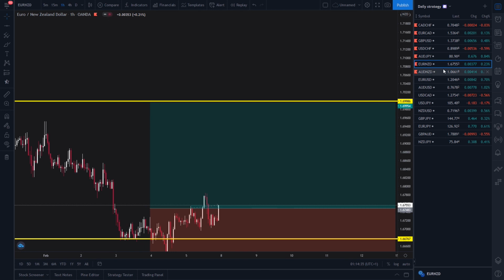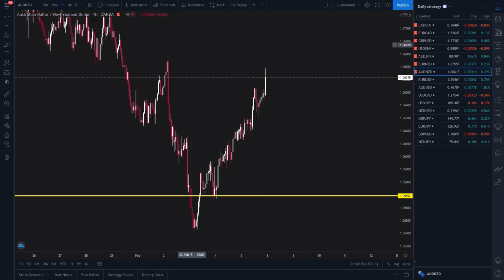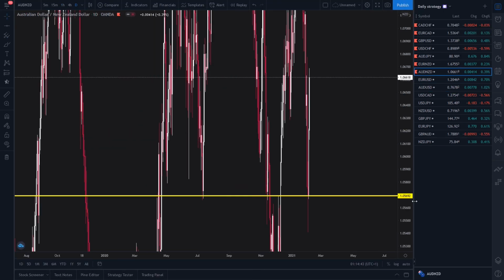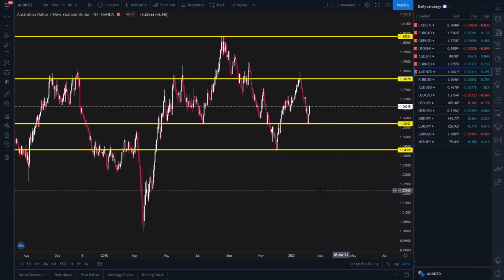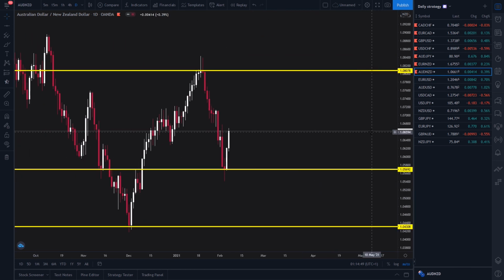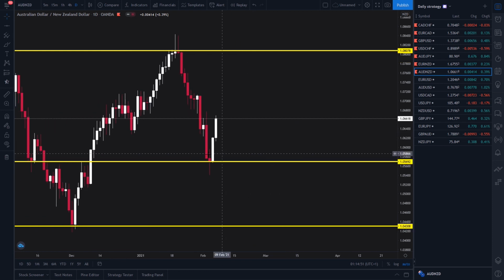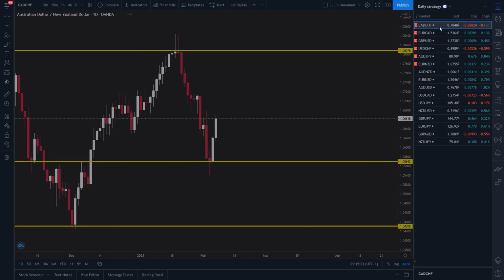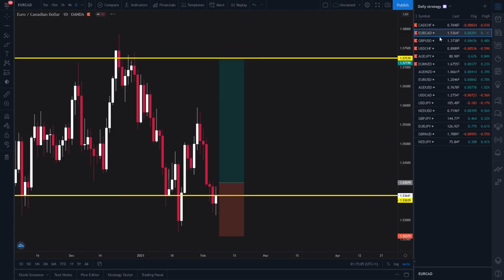And Australian dollar New Zealand dollar, we have marked this only for this indecision candle, so that's all for the week, and I guess you guys know where you will be placing your trades for next week.